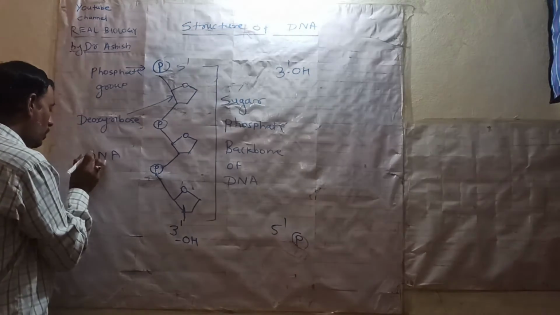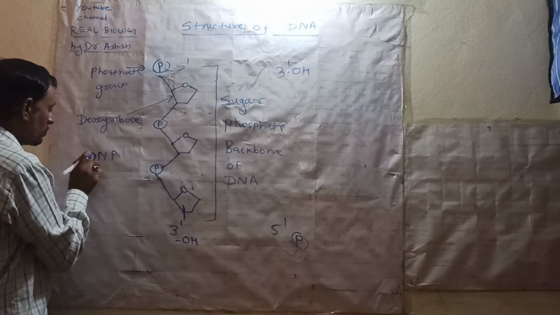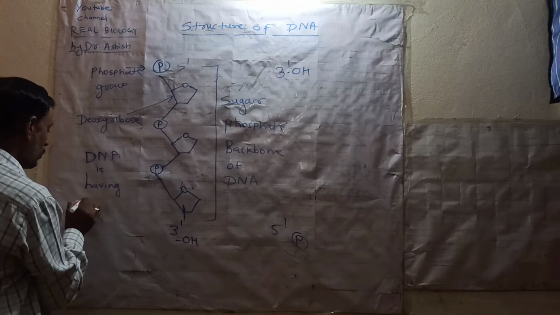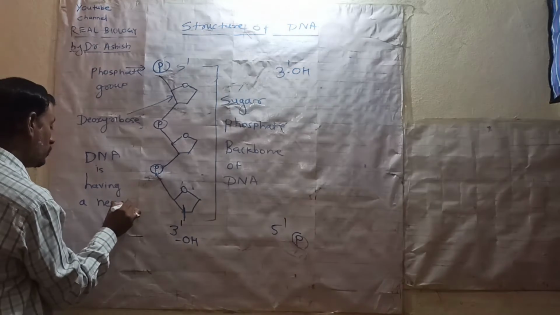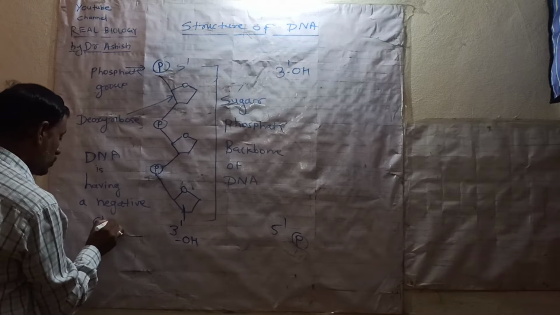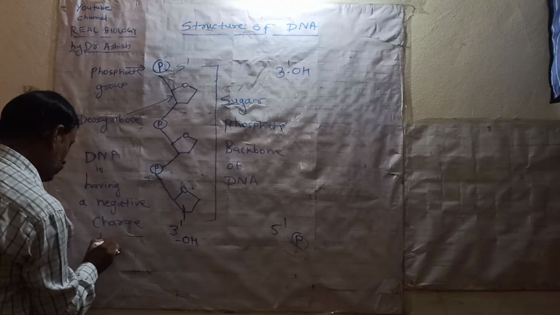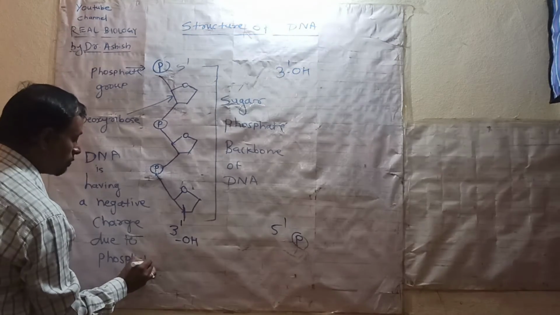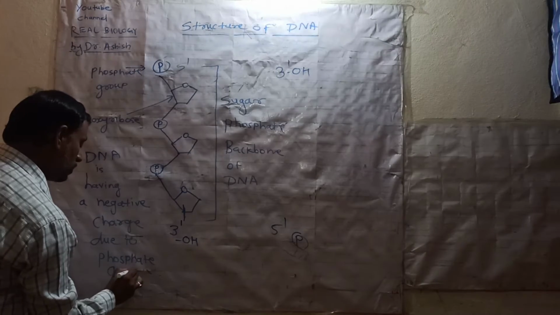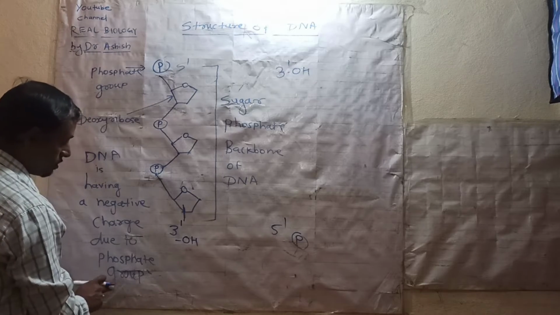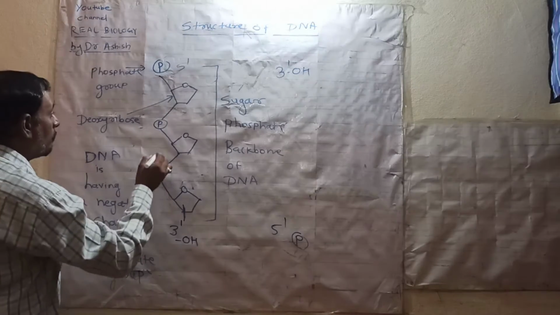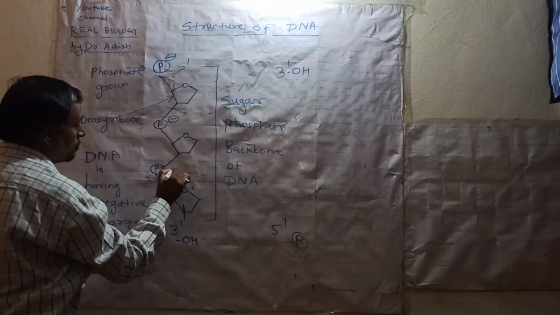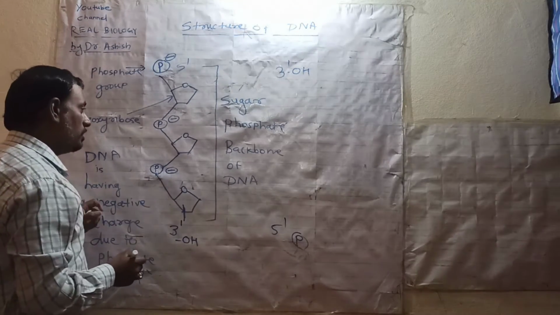DNA has a negative charge due to the phosphate group. The phosphate groups are negatively charged. That's why DNA has a negative charge.